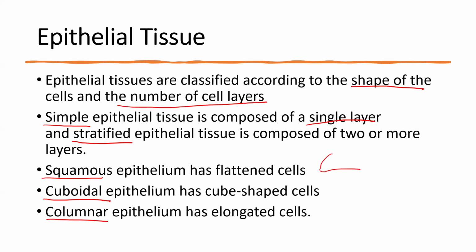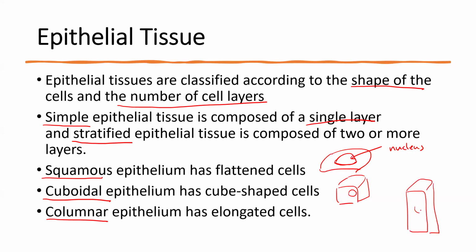So flat is like a sunny side up egg. That's the nucleus in the middle. That's squamous. Cuboidal is like a cube, with the nucleus in the middle. And then columnar is more like a rectangle-looking thing, and the nucleus is in the middle.